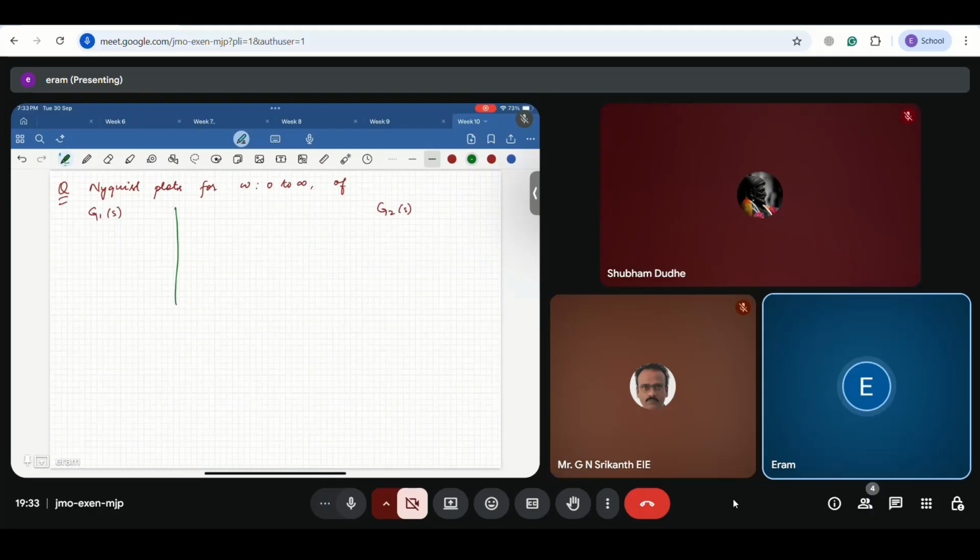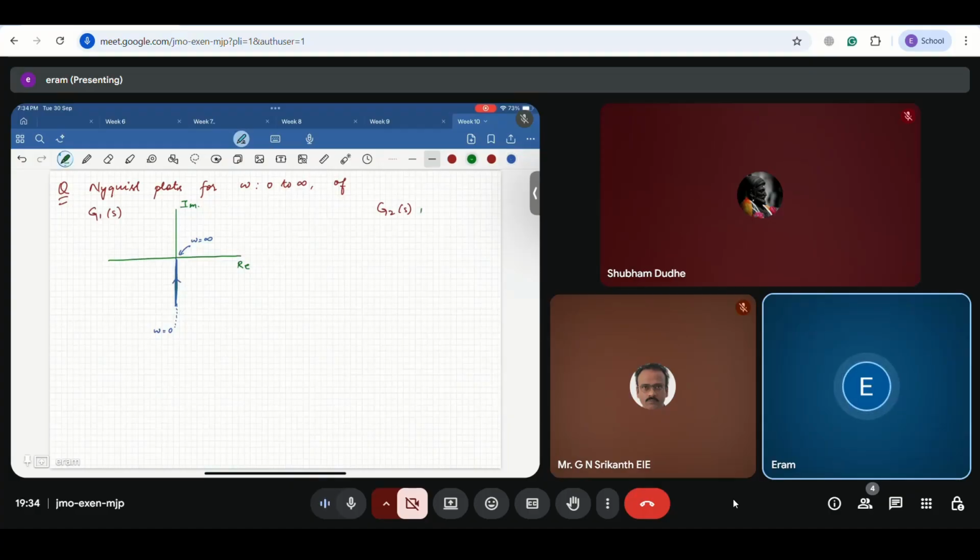So the Nyquist is this blue part. It is extending from minus infinity, and this value is at omega 0, and here the value is infinity.